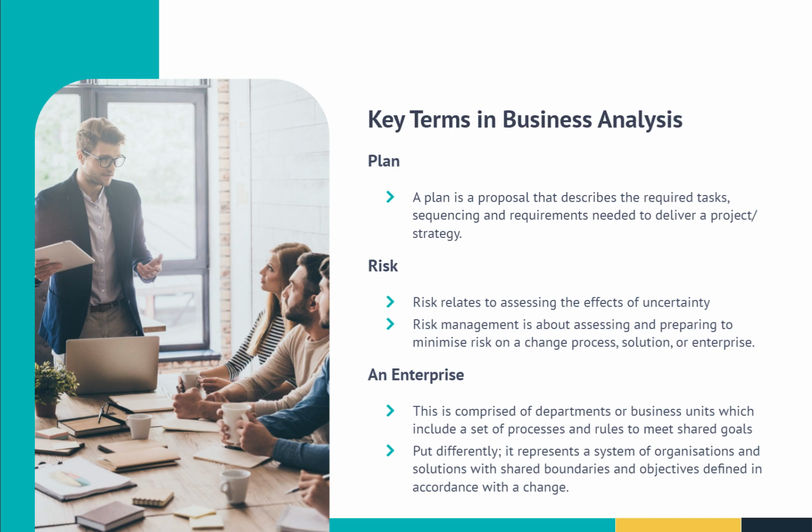An enterprise. This is comprised of departments or business units which include a set of processes and rules to meet shared goals. Put differently, it represents a system of organizations and solutions with shared boundaries and objectives defined in accordance with a change.